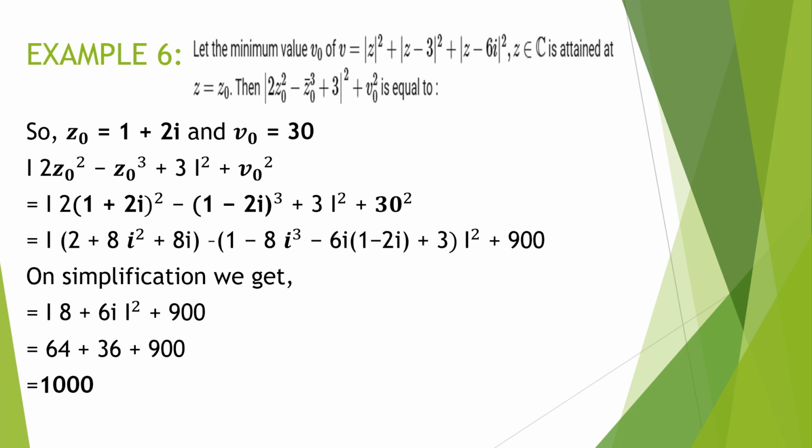So after simplification, what you get is mod of 8 plus 6i square plus 900. What is mod z? Mod z is again root of a square plus b square. So mod of 8 plus 6i whole square is 8 square plus 6 square, that is 64 plus 36, plus 900. So ultimately our answer is 1000.